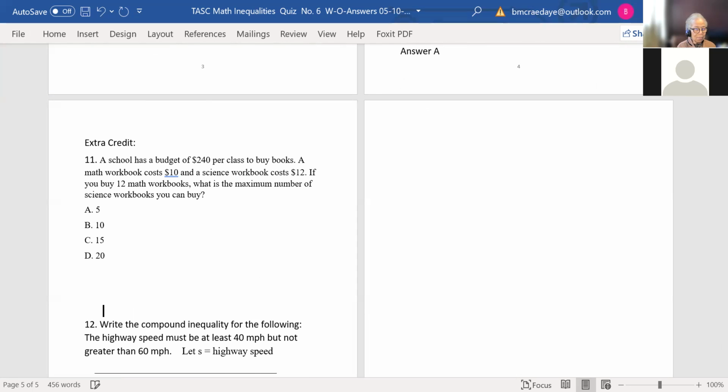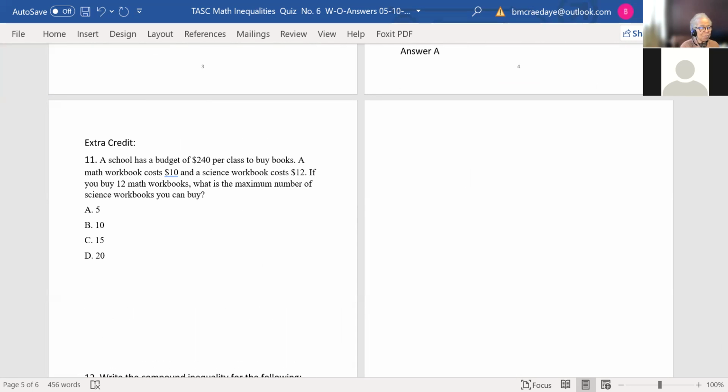It said, okay, a school budget of $240 per class to buy books. A math workbook costs $10 and a science workbook costs $12. If you buy 12 math books, right?